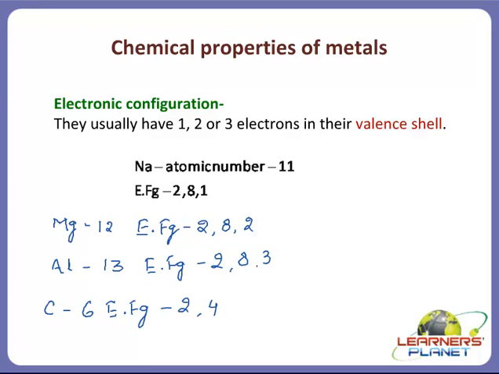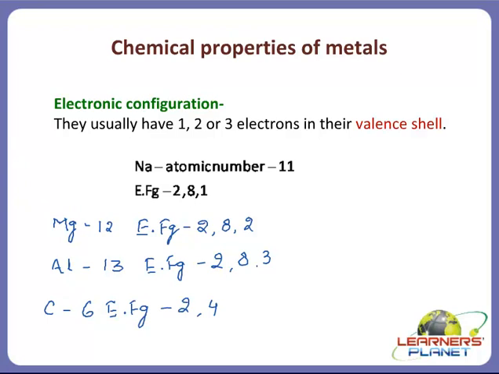How many electrons are there here? 4. So can it lose its 4 electrons easily? Because metals have one characteristic feature, that they lose electrons. They are electropositive elements. Can it lose these 4 electrons? No. For losing 4 electrons it requires a large amount of energy.